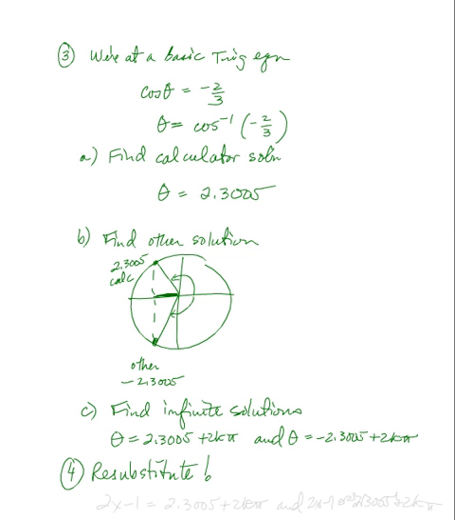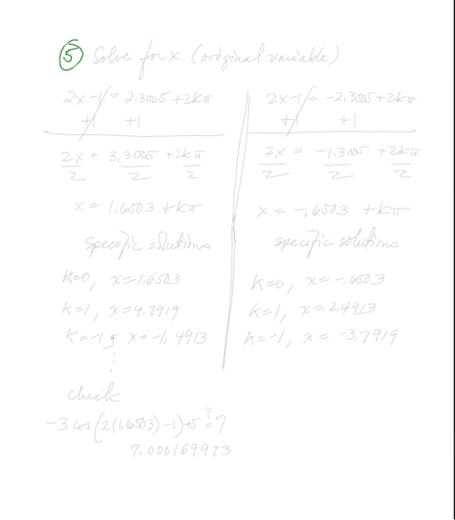So in the place of theta, you're going to have 2x minus 1 equals 2.3005 plus 2k pi, and 2x minus 1 equals negative 2.3005 plus 2k pi. Now let me rewrite that. I've now got to solve for x, the original variable.